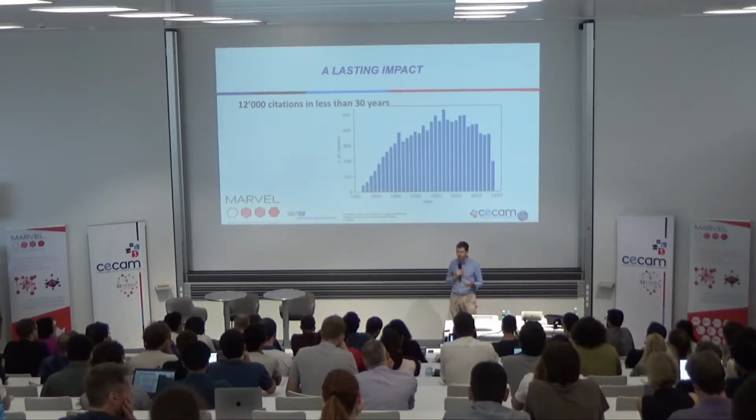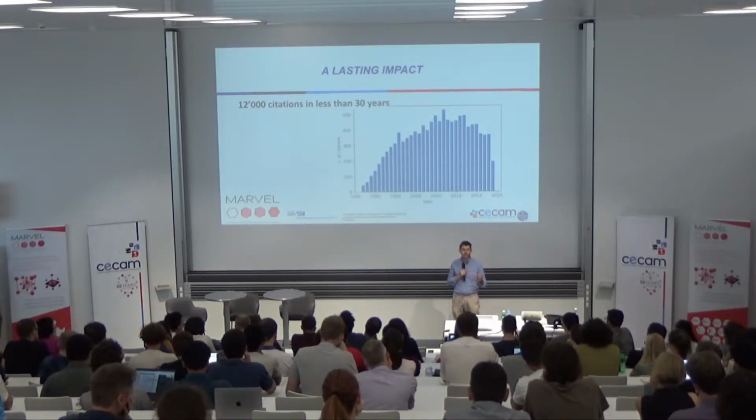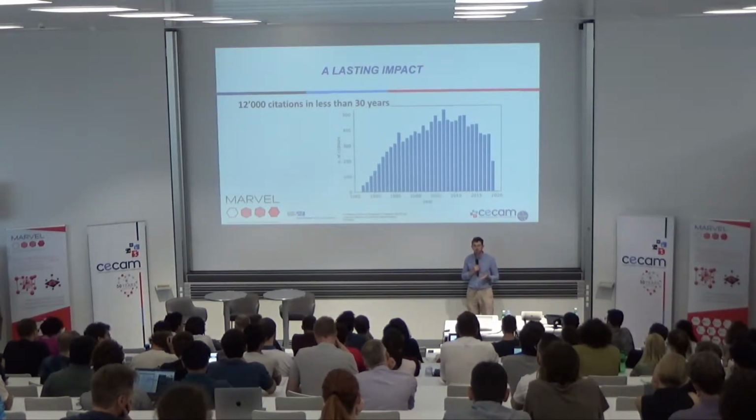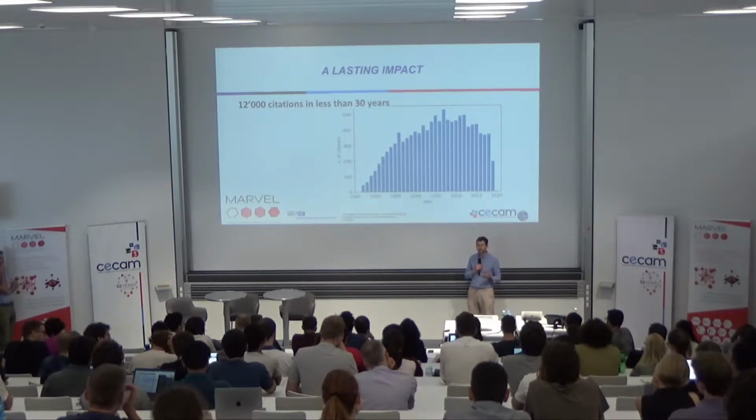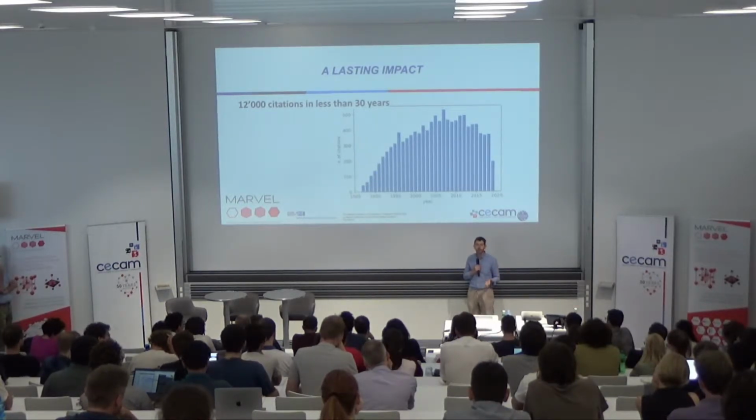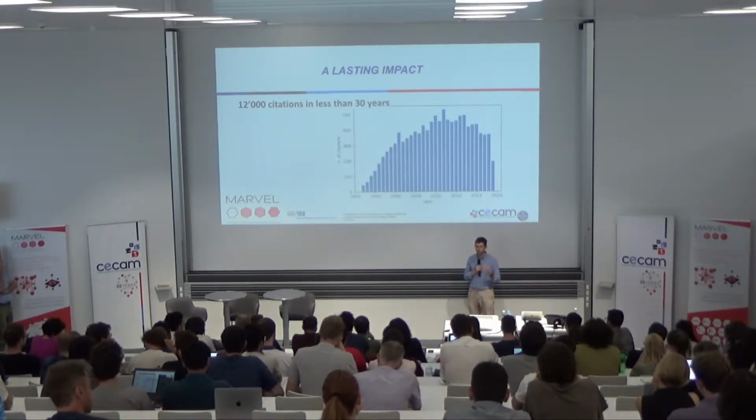And the reason why, in my opinion, and this is not so much based on looking at the citation counts but reading the paper, is that the Car-Parrinello paper is much more than a method for performing ab initio molecular dynamics. In my opinion, it's really a blueprint for how you should go about developing a new method for simulations or whatever.